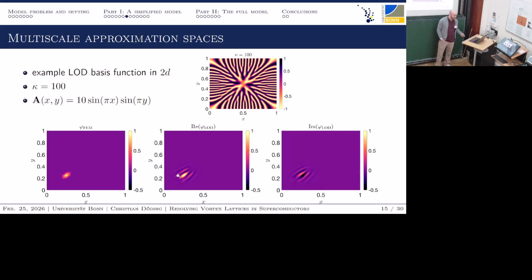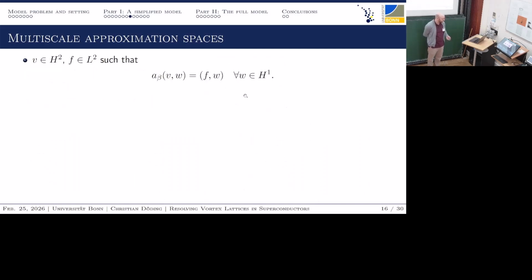And you see that this basis involves somehow these wiggles of the actual solution. Yeah, so you might guess, okay, this is a good basis to approximate this solution.